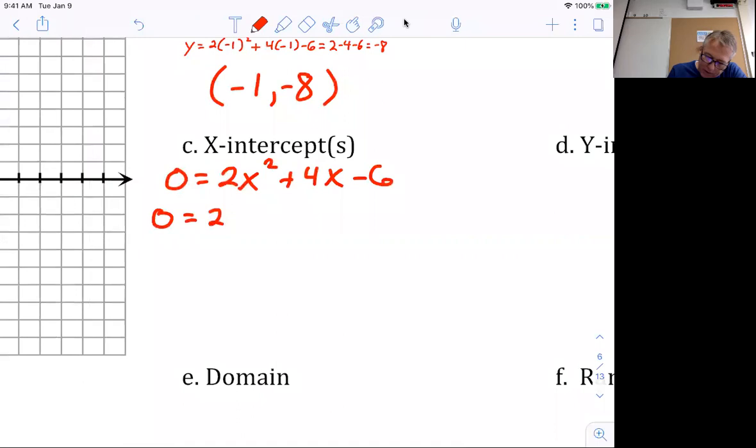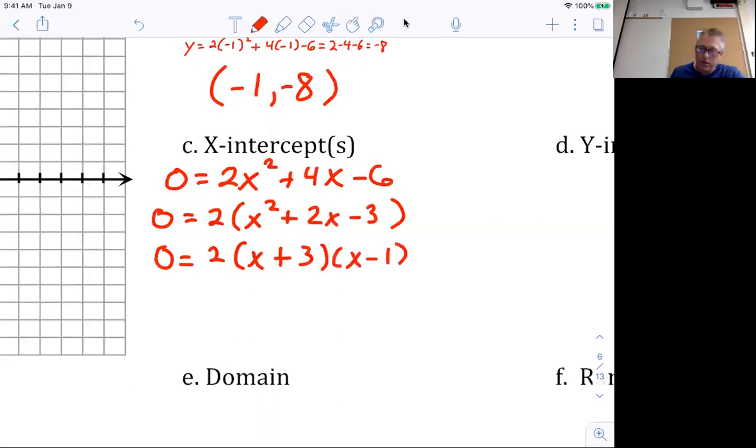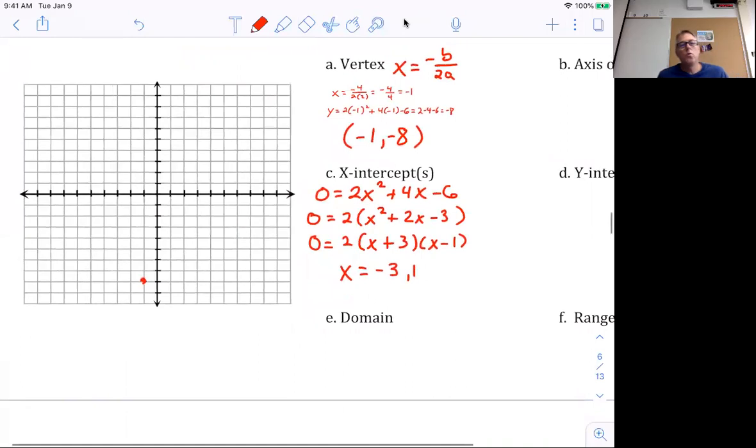Now, when it comes to factoring, remember, you want to give it probably about 20 seconds to try and factor. But if you notice that you can take a 2 out of there, and you've been working on your factoring skills, you might be able to factor that in less than 20 seconds because it does factor into 2 times x plus 3 times x minus 1, which means our x-intercepts are at -3 and +1.